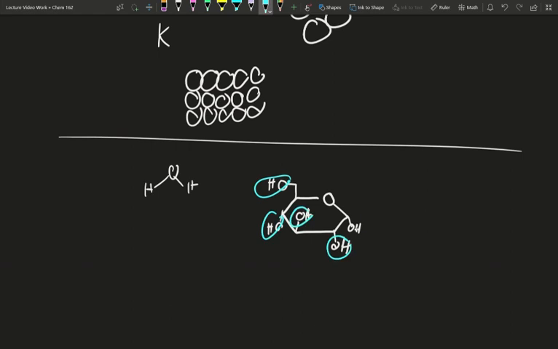As a result, it has lots more interactions that it can have, and sugar tends to be a solid. It's also a little bit heavier. However, the extra weight doesn't add nearly as much as the attractive force of more dipoles. And so by having more dipoles, more OH bonds in this case, sugar is significantly stronger at holding on to other molecules, especially more sugars, and so it tends to be a solid.